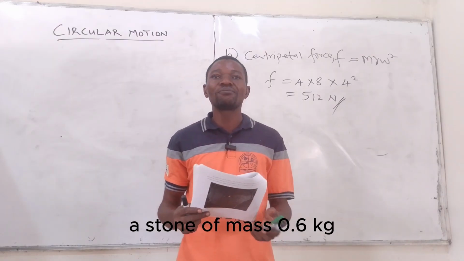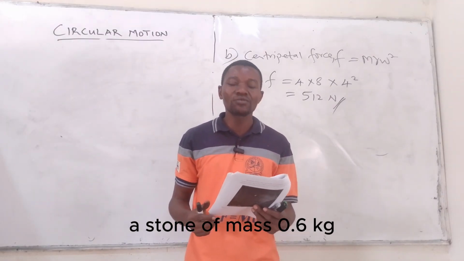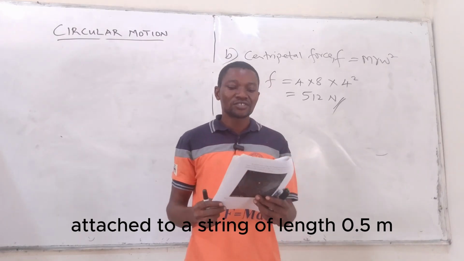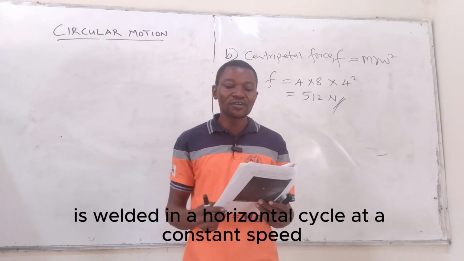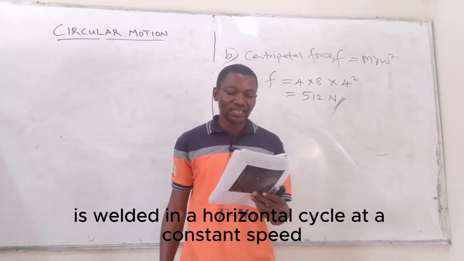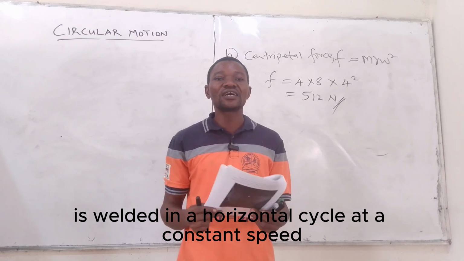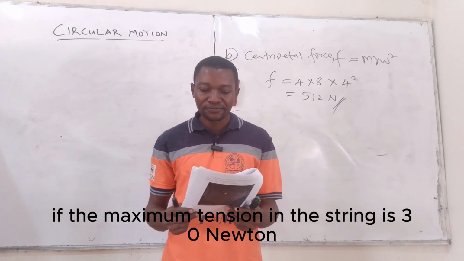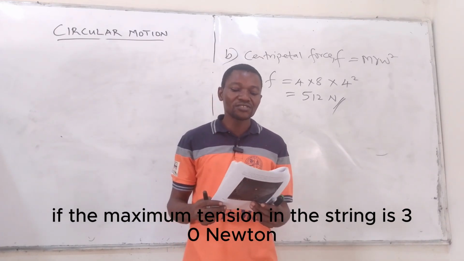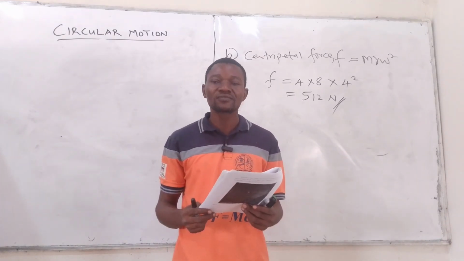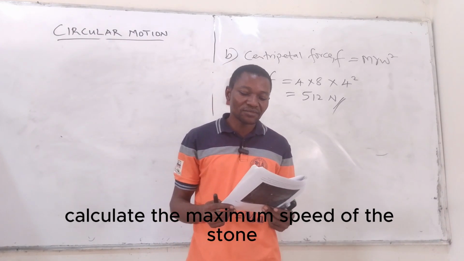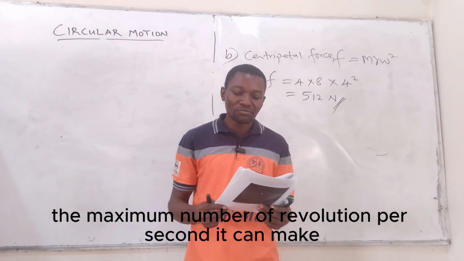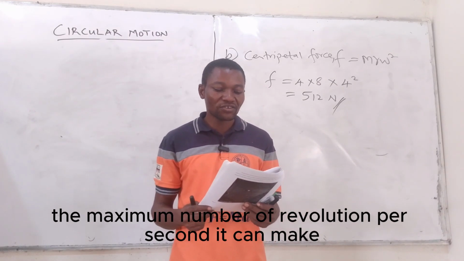A stone of mass 0.6 kilogram attached to a string of length 0.5 meter is swung in a horizontal circle at a constant speed. If the maximum tension in the string is 30 Newton before it breaks, calculate the maximum speed of the stone and the maximum number of revolutions per second it can make.